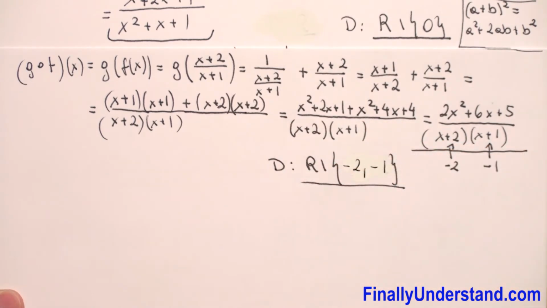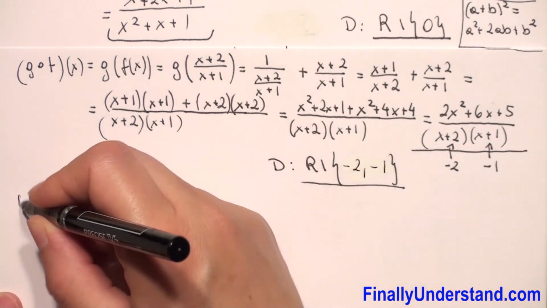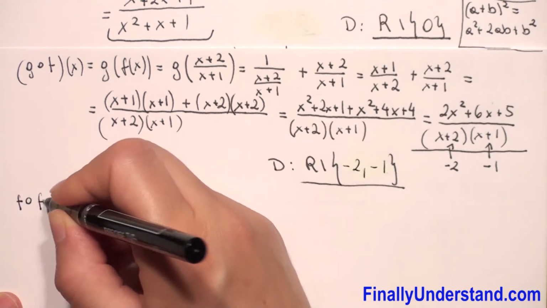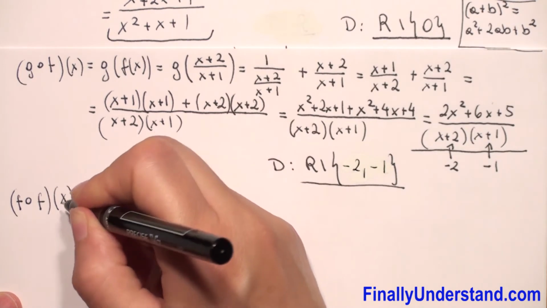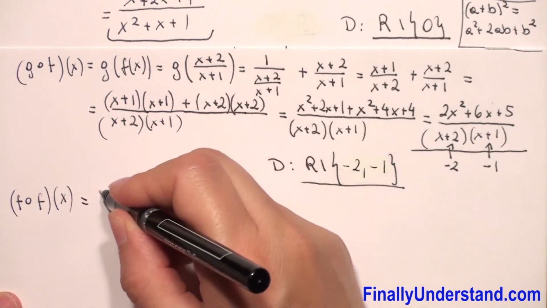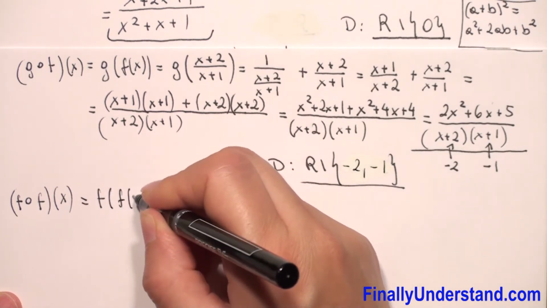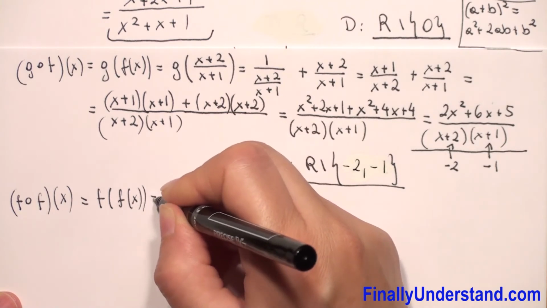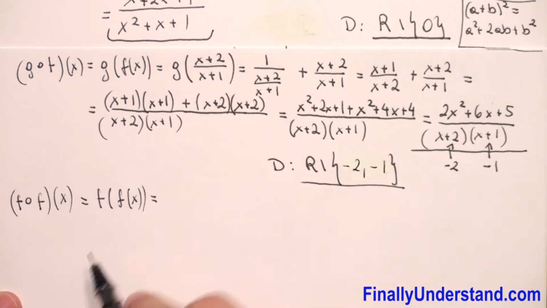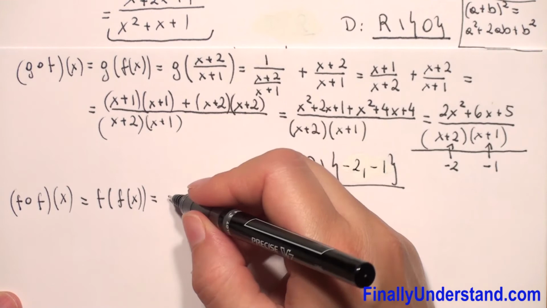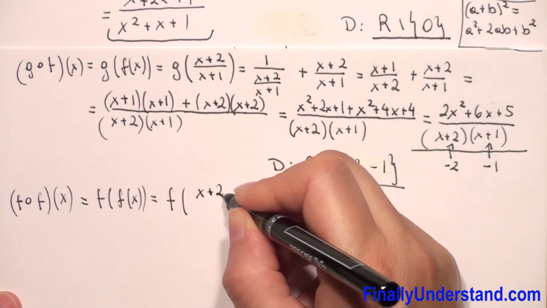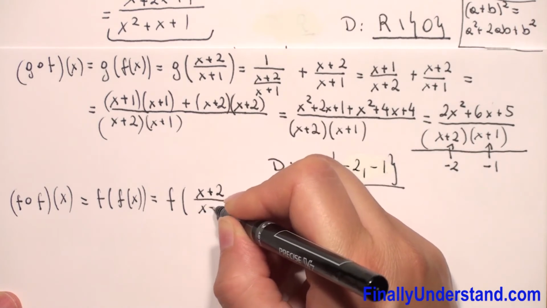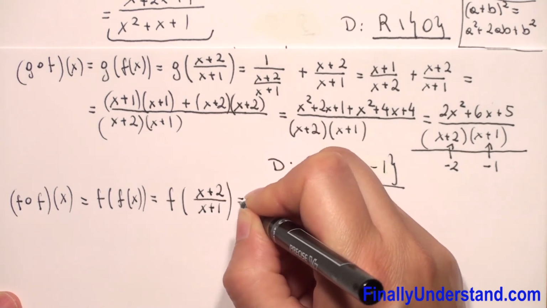Now we have to find the f of f composition. So this is equal to f of f of x. So we have to replace the inner f of x by the formula of our function. So we have f of x plus 2 over x plus 1. This is equal.